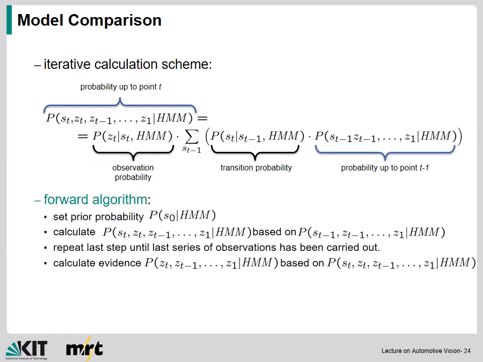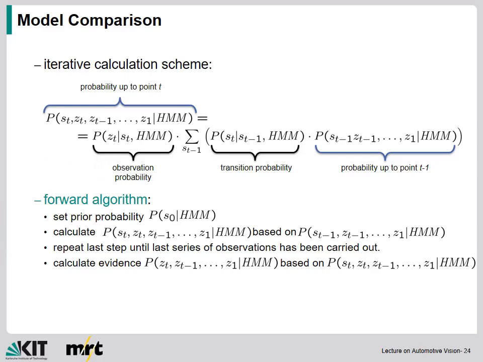This algorithm has a name. It's called the forward algorithm. We set the prior probabilities, and that means the probabilities of the initial state for all the hidden Markov models, and then we calculate P of st given zt up to z1 based on P of st minus 1 and zt minus 1 up to z1.